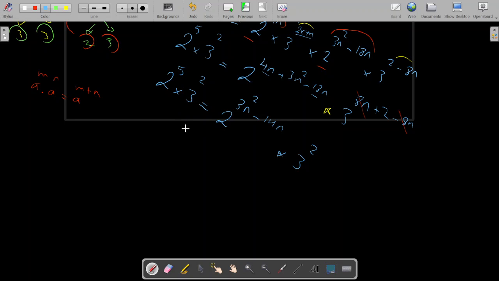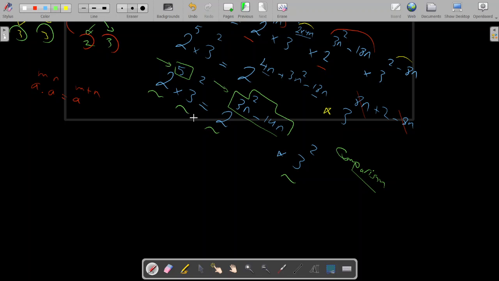Now, what do you see in front of you? It seems that you have an equivalent basis here. You have 2 with 2, you have 3 with 3. So we can compare the powers of the 2, okay? So it's all about comparison. Look at this here.